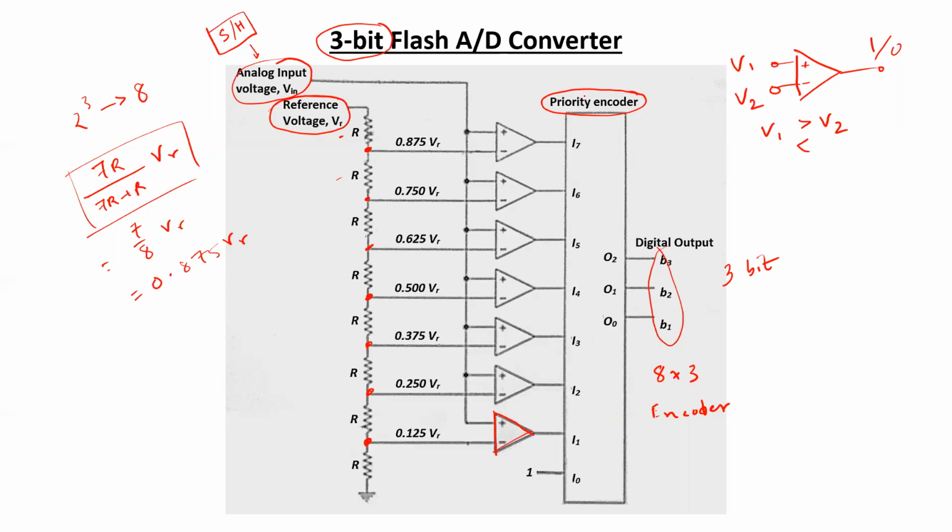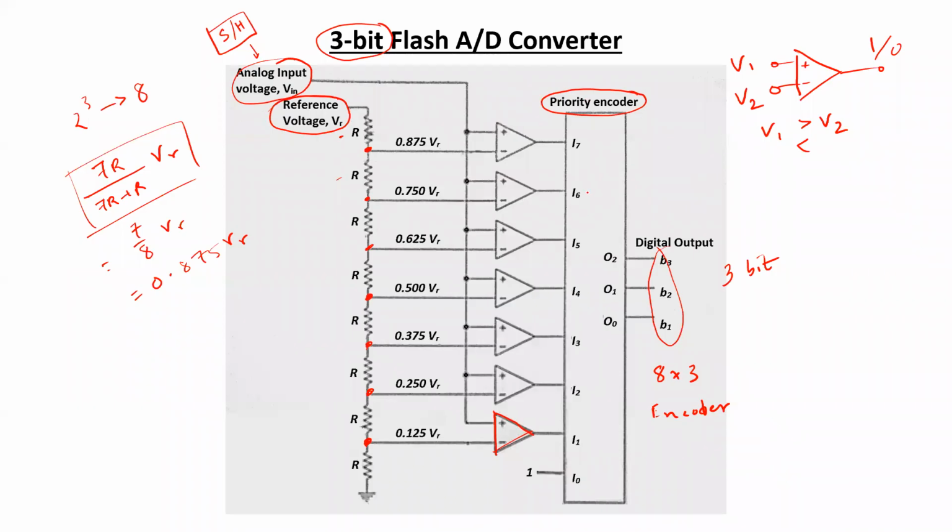Now, the operation of the priority encoder: do you remember how the priority encoder works from your digital logic course? I think you studied the priority encoder. Can anyone suggest? If the bit at I7 is 1, then the output will be 111.